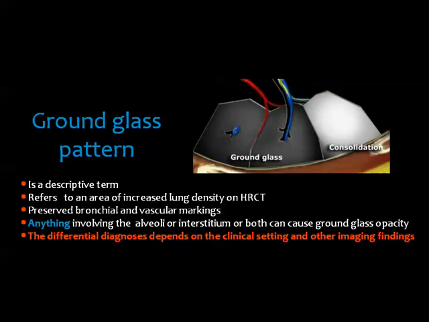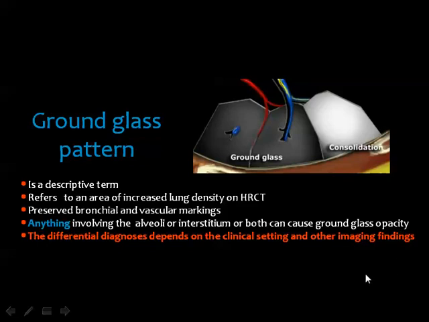Then we came to the ground glass pattern. Remember, the ground glass means that you have some veiling or opacity in the lung that is not similar to consolidation. It's just veiling of the lung. And this is a descriptive term. And anything involving the alveoli or the interstitium can induce ground glass opacity.